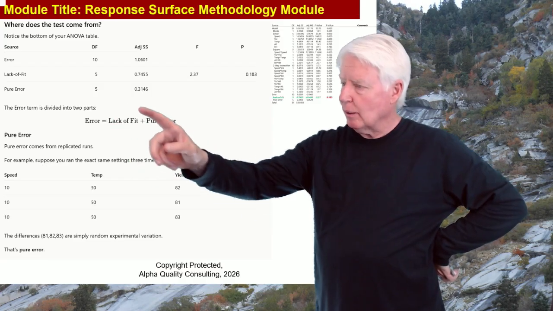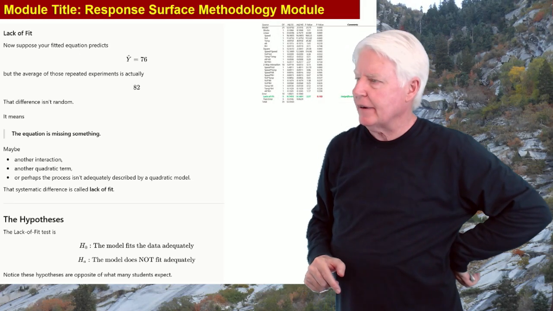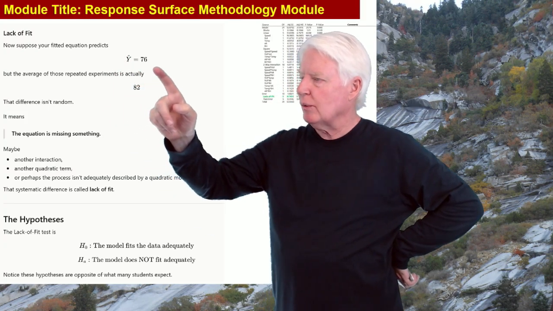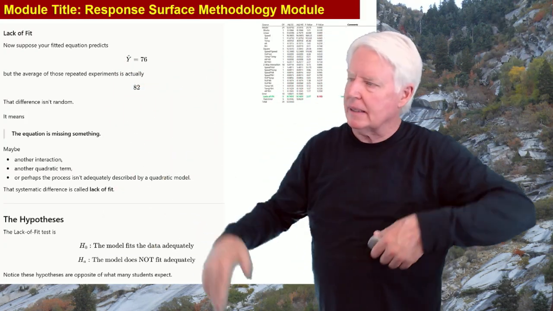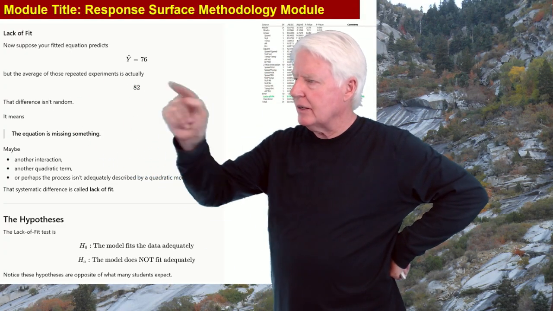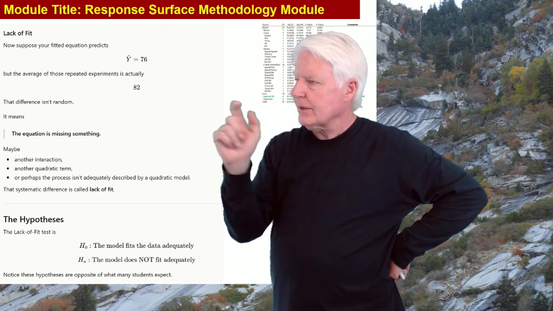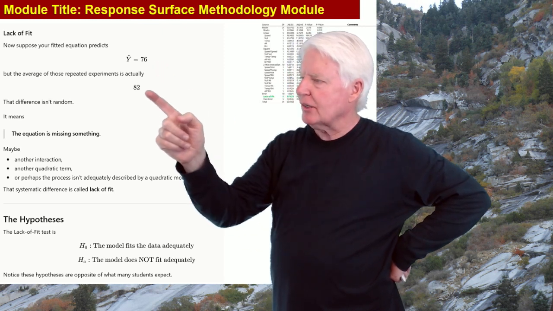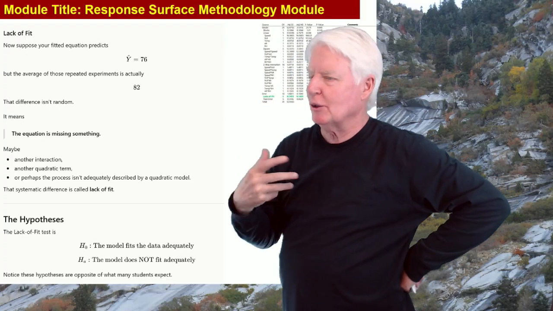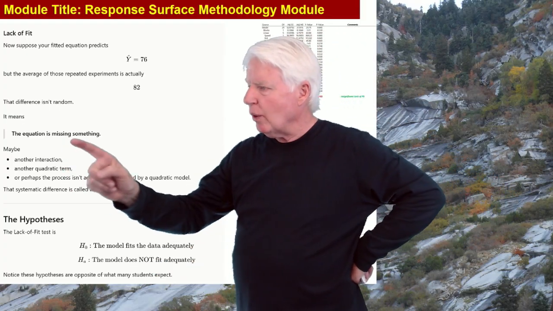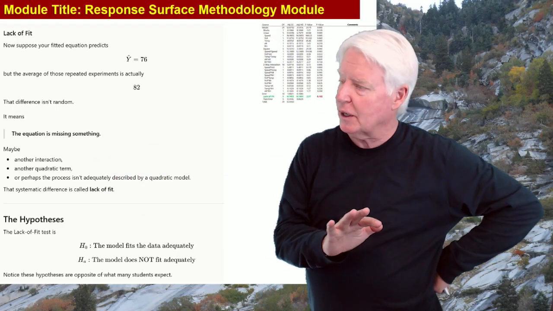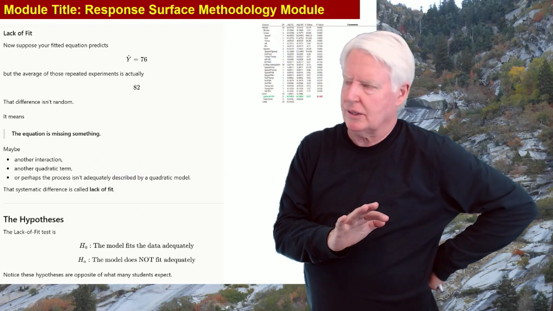And lack of fit. Well, we still haven't answered the question for lack of fit. Now suppose your fitted equation predicts y equals 76 under some conditions. But the average of those repeated experiments is actually 82. So the equation predicted this, but this is what it really was. That difference isn't random. It means the equation is missing something. These are very important. This would be a great ASQ question, by the way.